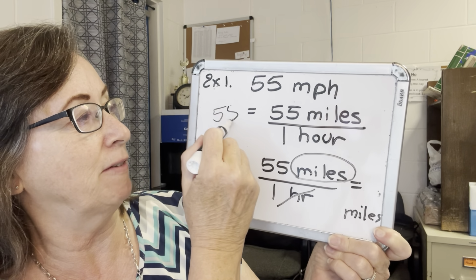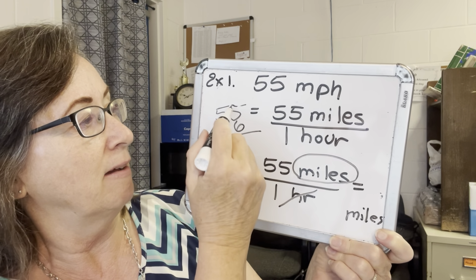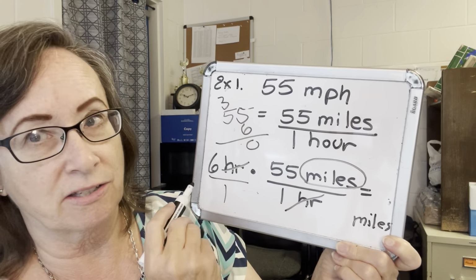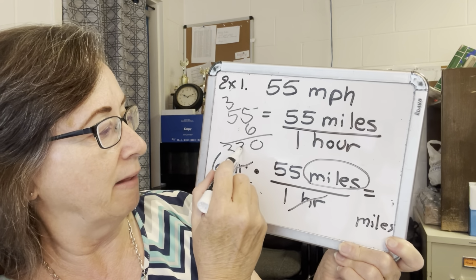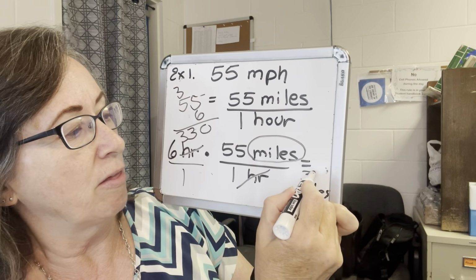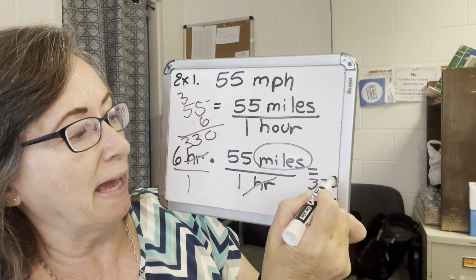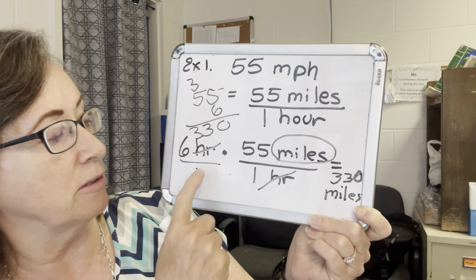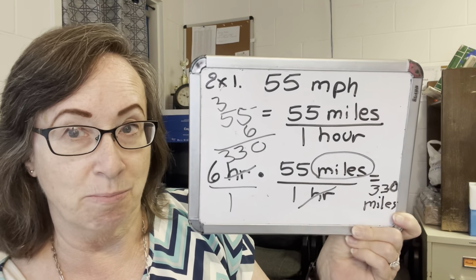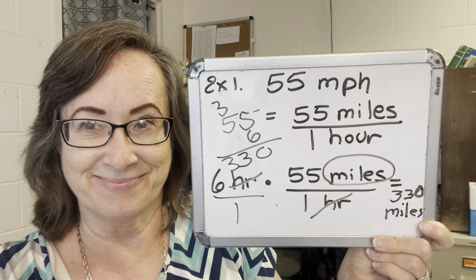Okay, well, 55 times 6. 5 times 6 is 30. Carry my 3. 5 times 6 is 30 again, but I add the 3 and I get 33. So 330 miles will be how far this car travels if they travel for 6 hours at 55 miles per hour.